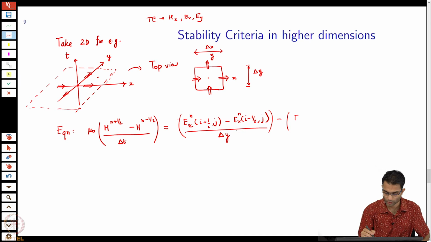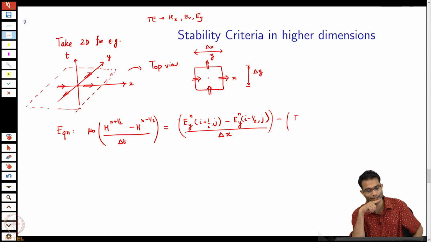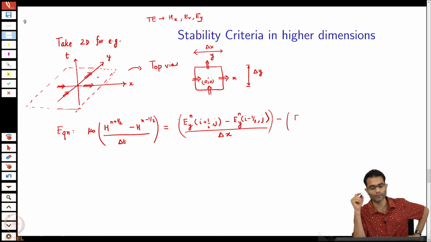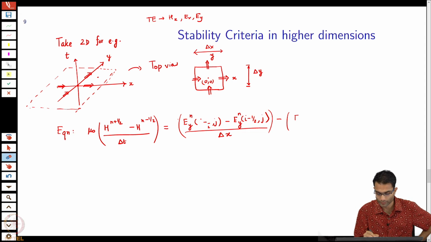Yeah. So okay. So we are changing only x coordinates over here. So this should be delta x over here, and then this should be Ey. And Ey is actually not being evaluated at, so if this is the origin over here 0 0, Ey is being evaluated not at half integer in x but at integer in x, right. So this should be, and we have to rewrite this whole thing.